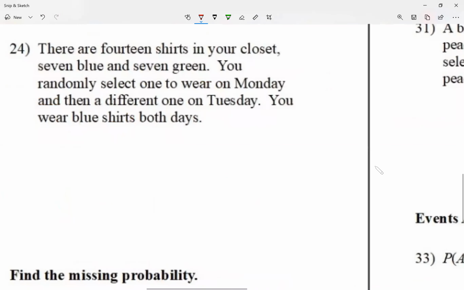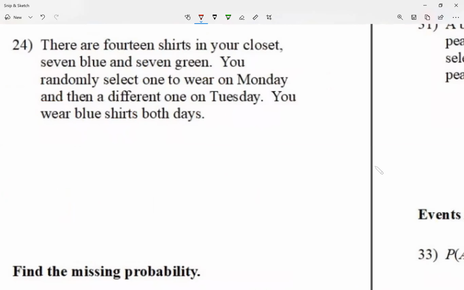Question number 24. There are 14 shirts in your closet. There's 7 blue and 7 green. You randomly select one to wear on Monday and then a different one on Tuesday. You wear blue shirts both days. So on Monday, there's 7 blue shirts out of 14. But I have to choose a different one on Tuesday.